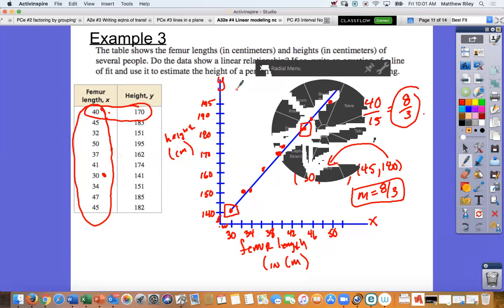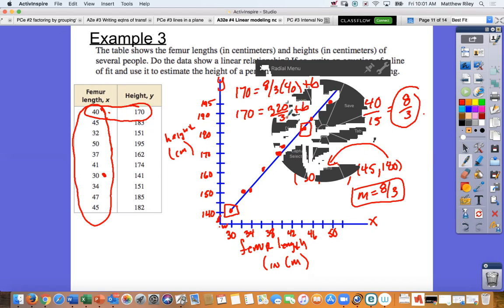y equals mx plus b. Do the math. So 320 divided by 3 plus b. By the way, you can use a decimal here.